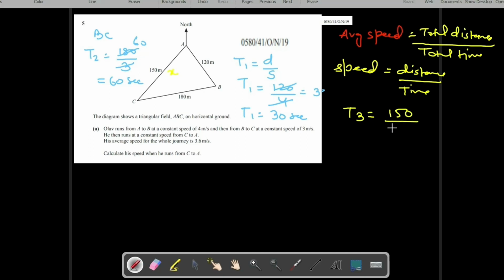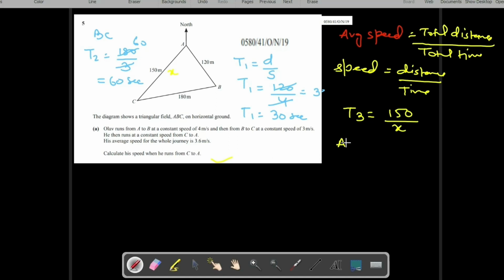I am going to write x meters per second. So t3 is 150 upon x, where x is the speed when he runs from C to A.